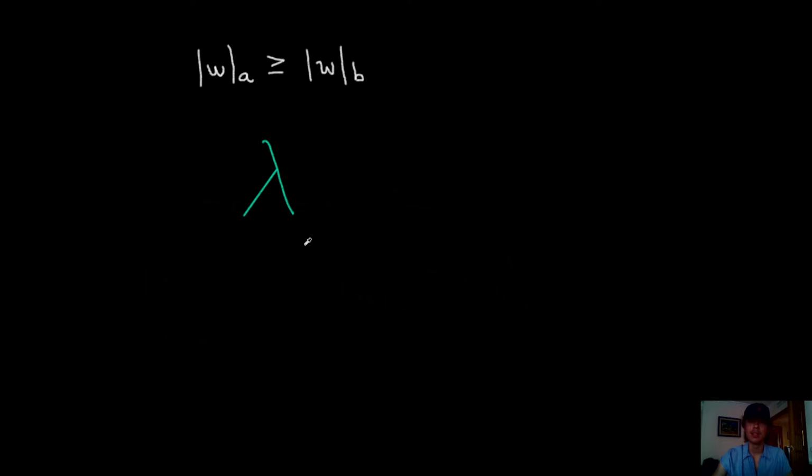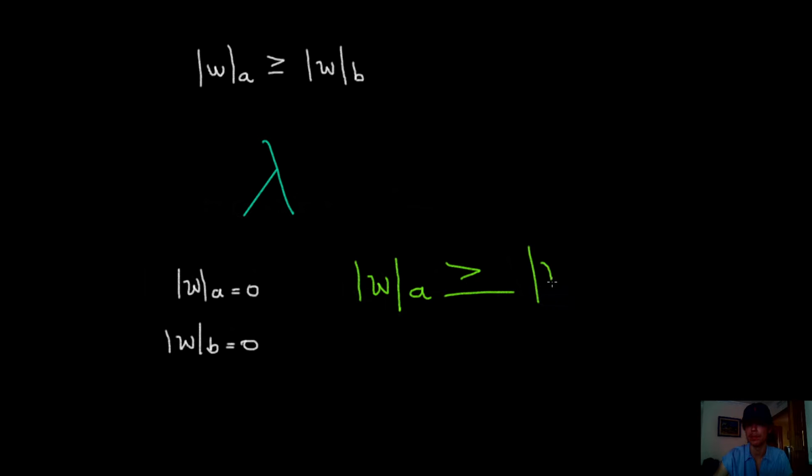Since in this empty word we have a total number of A's of 0 and a total number of B's of 0, and they have the same amount, the condition of the A's being greater or equal than the B's is also satisfied. So we conclude that the empty word is also an accepted word for this language.